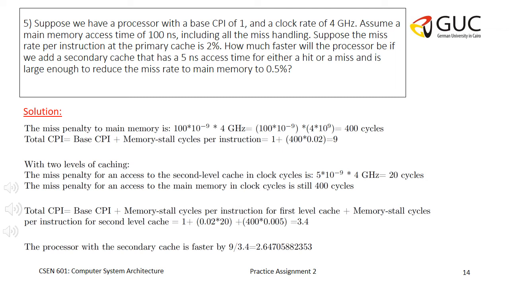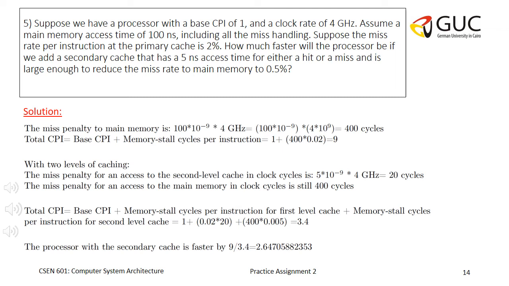If it doesn't find this data, it goes first to cache 2 and checks if the data is in cache 2. If it is in cache 2, it goes back to cache 1, and then from cache 1 to the processor. But what if the data is not in the first cache or the second cache? It will go to the main memory to access it, causing the delay of the 100 nanoseconds of access time.